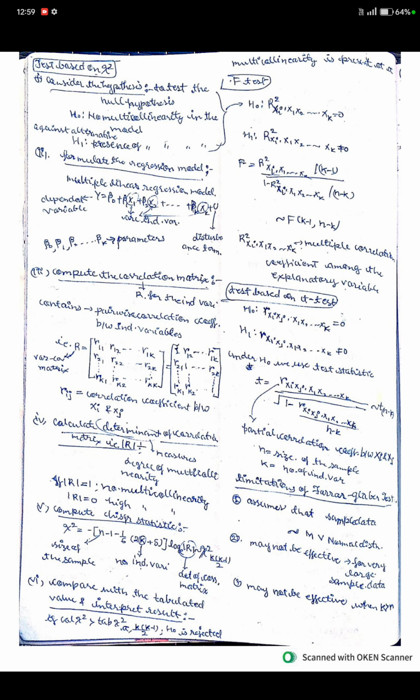Compare with the tabulated value and interpret the result. If the calculated chi-square is greater than the tabulated chi-square at alpha, k into k minus 1 by 2, then H naught is rejected.